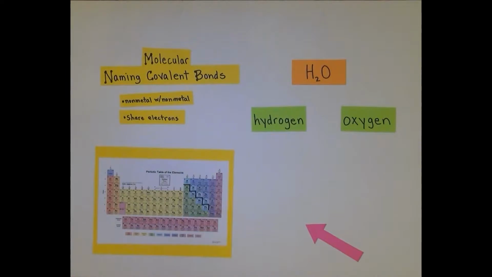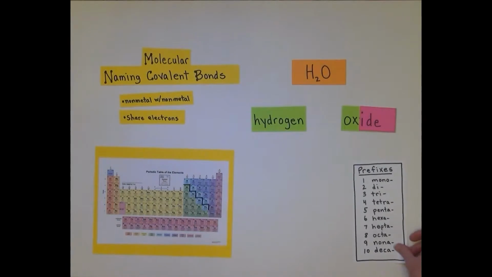Then you're going to change the ending on the second element by dropping part of the name and adding IDE to it. After you've done that, you're going to work on prefixes. And here's a list of prefixes.